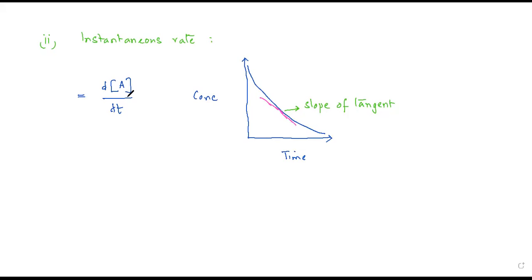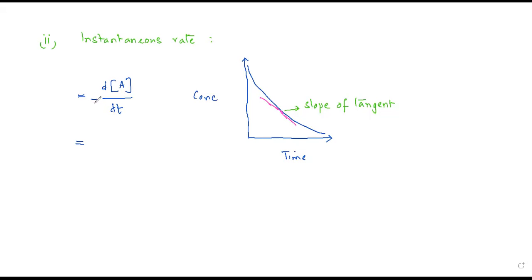Okay. Even here also, let me put a negative sign. Now this can be given as minus d, nothing but small change in concentration of A in small interval of time.